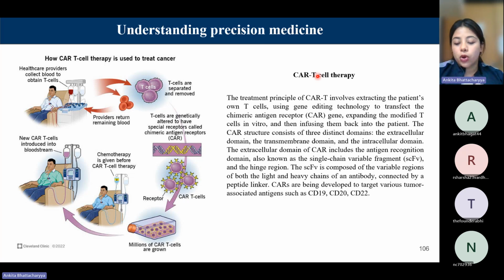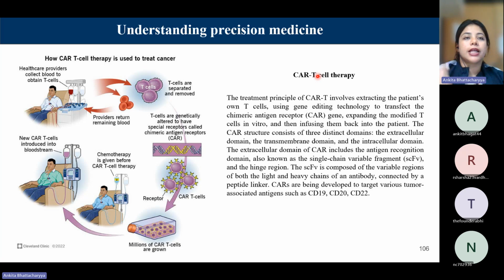So the patient's own T cells were engineered, and that was used to treat that patient themselves. In the very recent past, there has been a lot of modification to generate more off the shelf CAR T cells, which can be used for a larger subset.